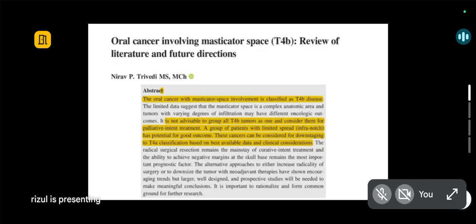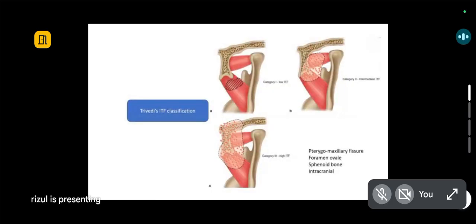In order to downstage these T4A classifications further, they have mentioned in an article an ITF classification and divided it into 3 parts: low ITF, intermediate ITF or high ITF. If the disease is low ITF, that means it involves the medial pterygoid and masseter muscles or the ascending ramus of the mandible. It is the infranotch case where we can plan for surgery.